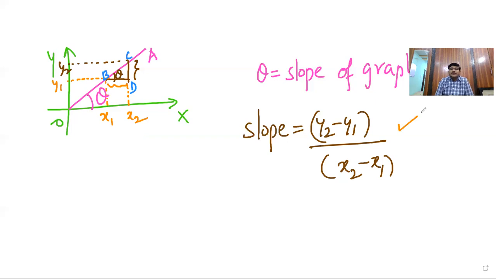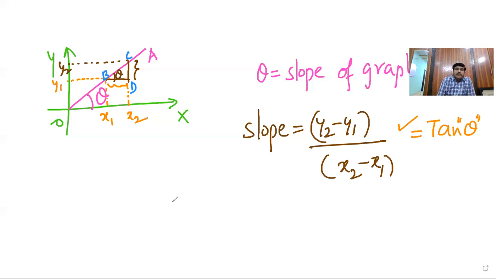So mathematically the slope is tan theta. In the BCD right angle triangle, tan theta is the slope: the difference of y coordinates, y2 minus y1, divided by the difference of x coordinates, x2 minus x1. That is the slope, tangent of the angle theta.